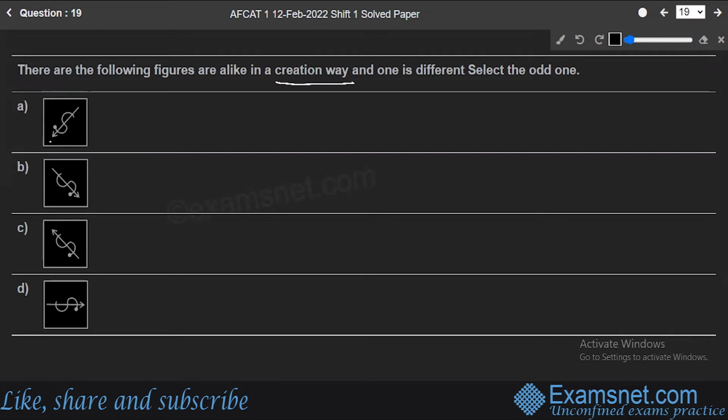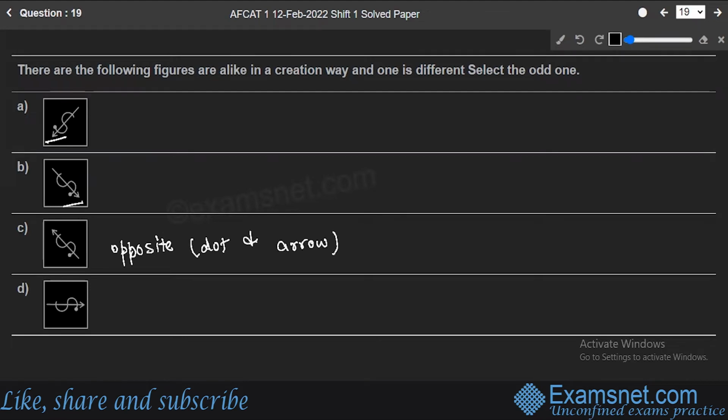See the position of this arrow and this dot. They are on the same side, right? The position of the arrow and the dot, they are on the same side again, same side again, same side. Here they are on the opposite side, dot and arrow.